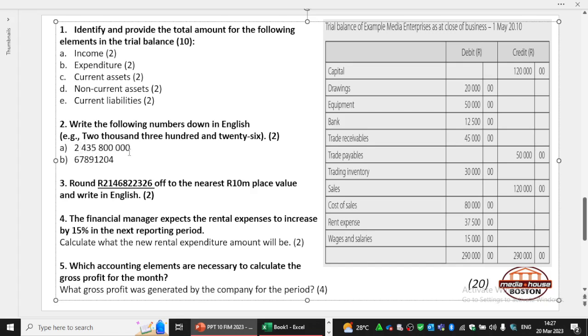Then from there we're going to calculate what we call the place value. We've got the ones, the tens, the hundreds, the thousands, the 10,000s, the 100,000s, the millions, the 10 millions, the 100 millions. Therefore we've got the billion.